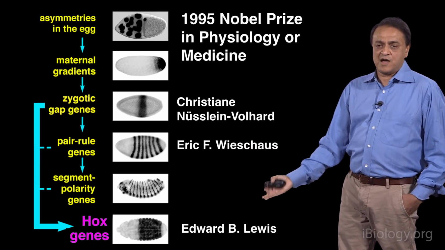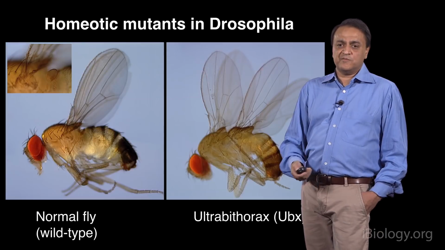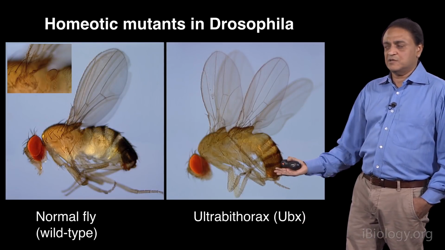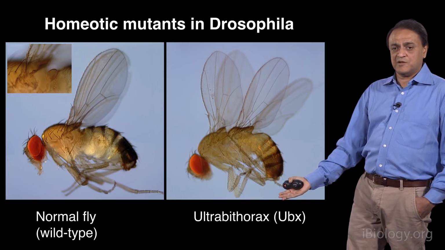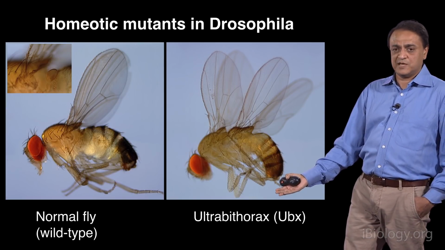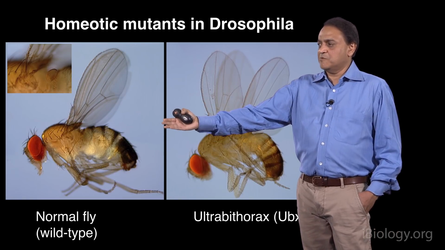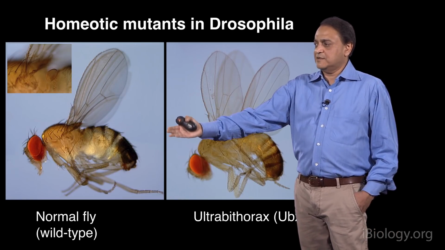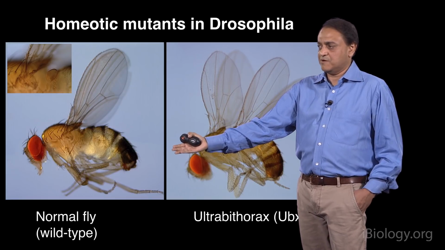So the hallmark of Hox genes or homeotic genes is their phenotype. Okay? And maybe one of the most famous of those phenotypes is shown here. This is the phenotype that results from a mutation in a gene called Ultrabithorax, often referred to as UBX. So again, over here is a wild-type fly. Okay? And what I want to highlight is that it has, again, 3 thoracic segments. Each segment of the thorax has a pair of legs.